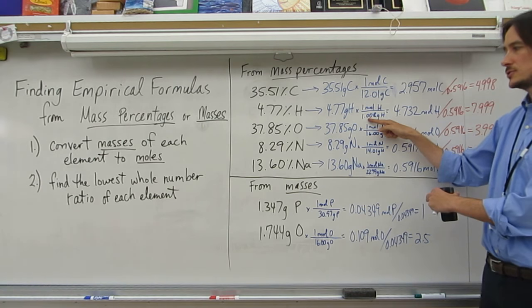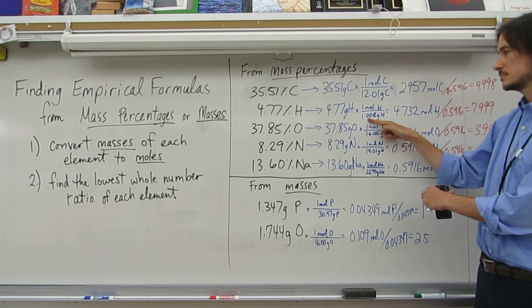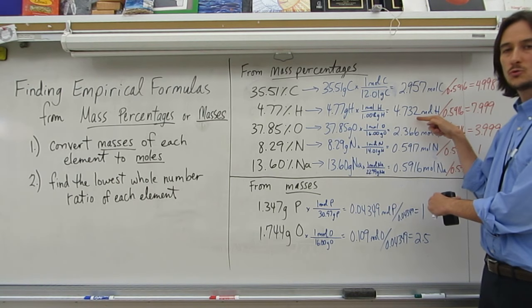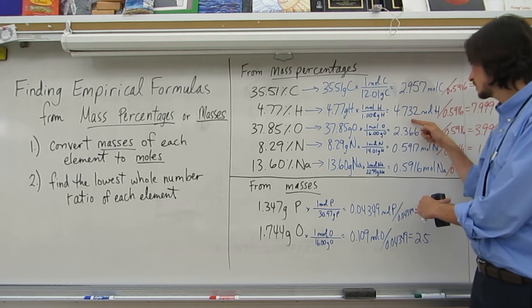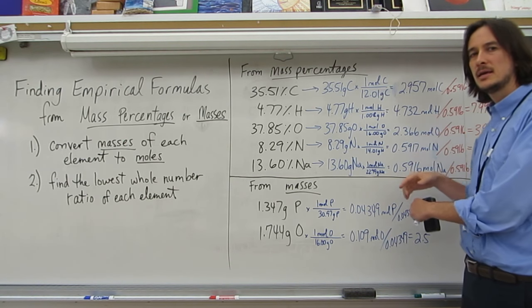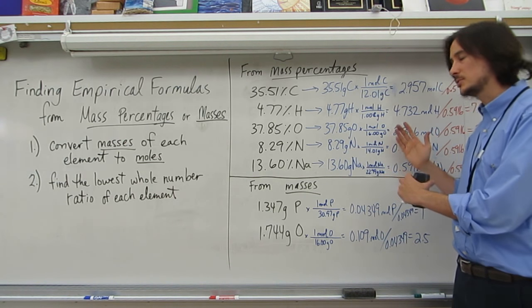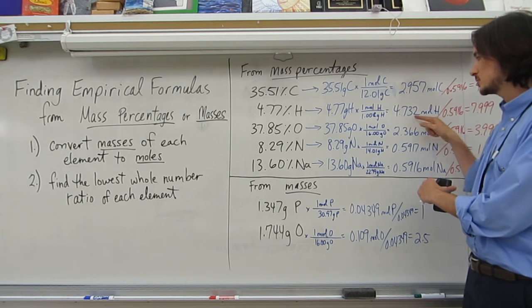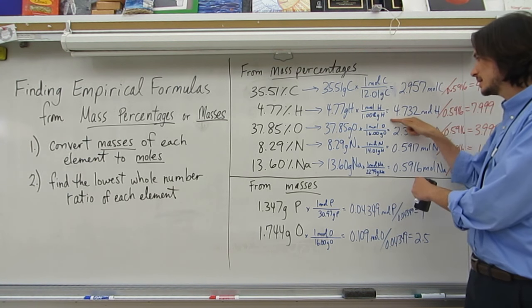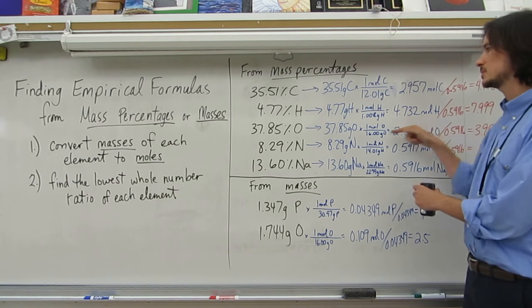Hydrogen, we use hydrogen's molar mass, 1.008 grams per mole. We have 4.732. Please don't round this too much. You want to keep as many digits as you can. It might look like you're keeping extra numbers, but extra is not going to mess you up. If you rounded this too much, you'd have a problem later, and you'll see. So keep 4 numbers there.